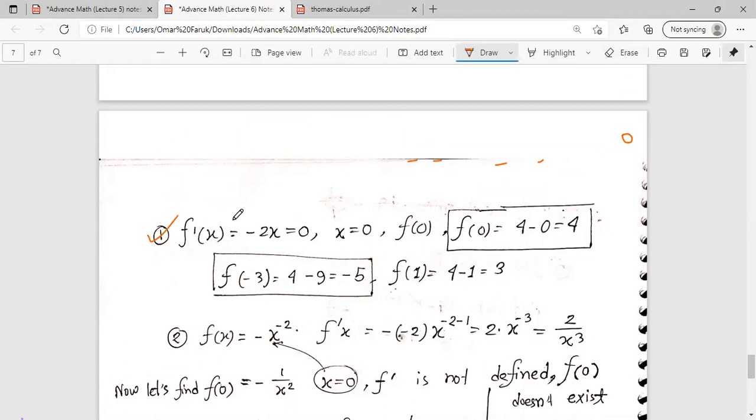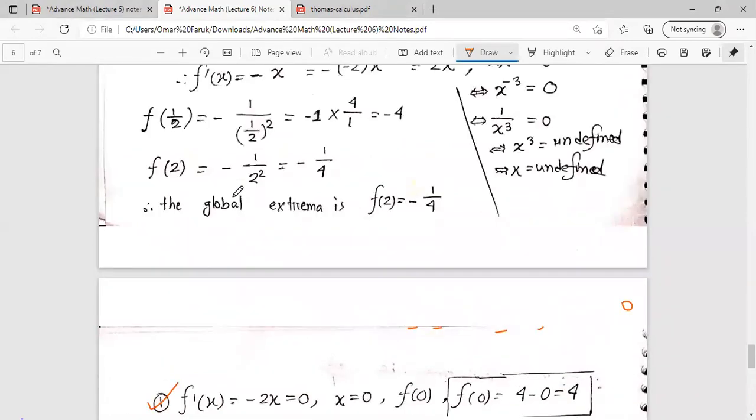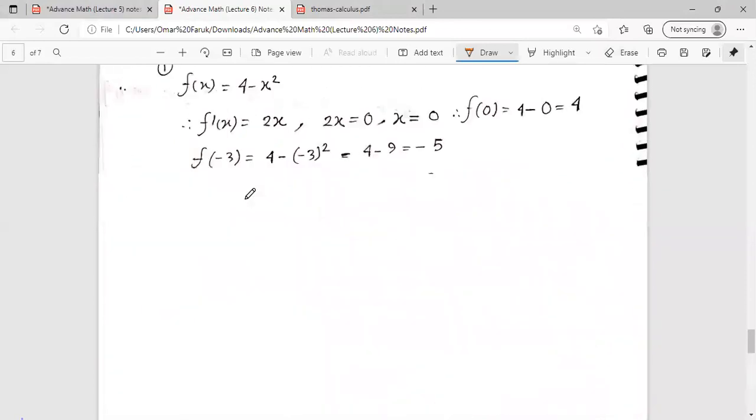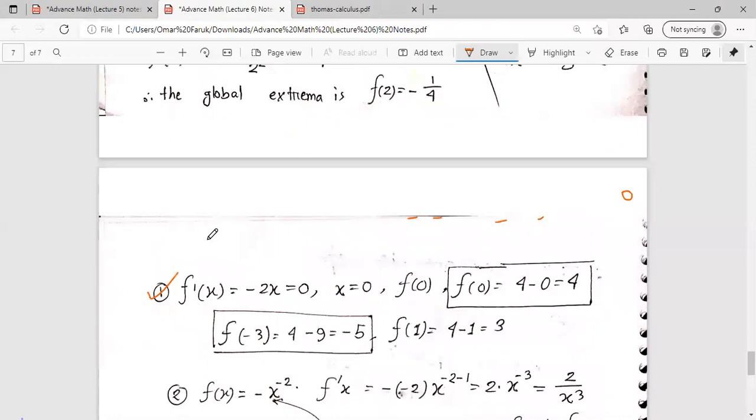Wait, I can draw. Y is equal to 4 minus x squared. First, we find this function here, and this is the answer, right? Can you mark on the screen?